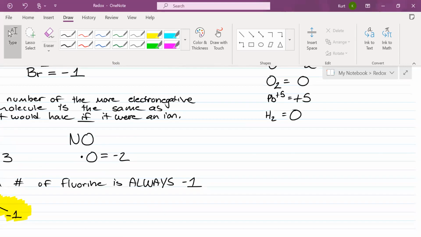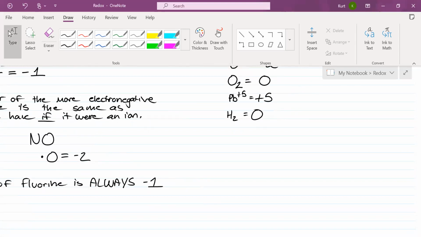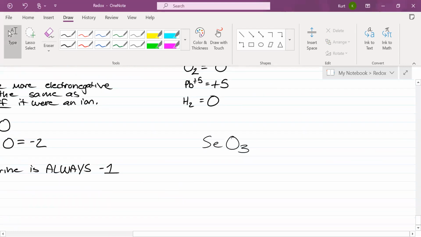Okay, let's do some practice with number 3. Second person each row. Here we go. What is more electronegative, John? Selenium or oxygen? Okay, so what is the oxidation number of oxygen? No. Rule number 3, John.